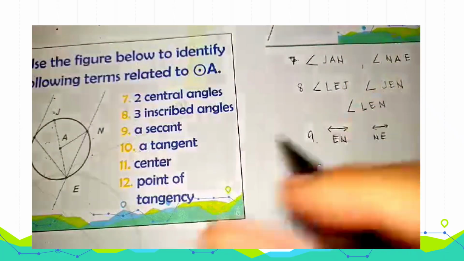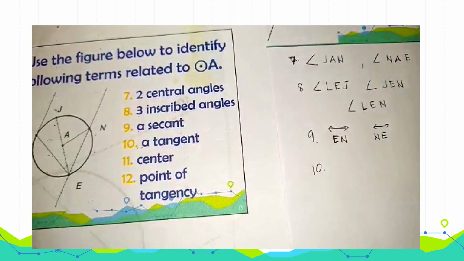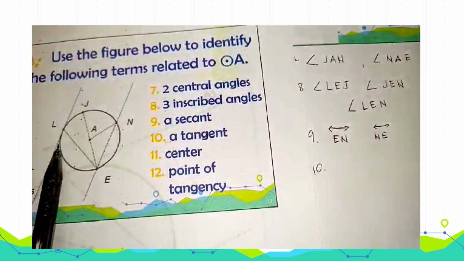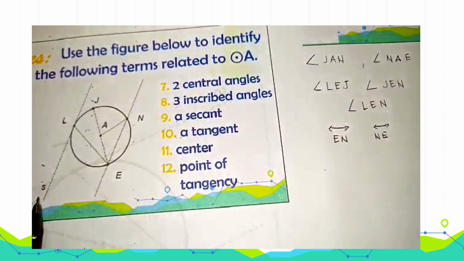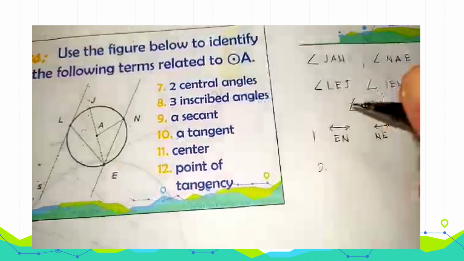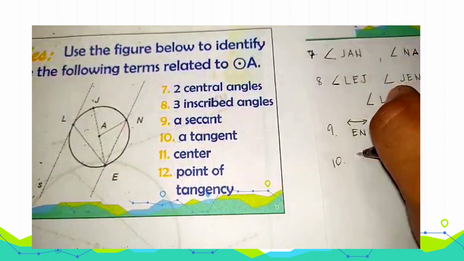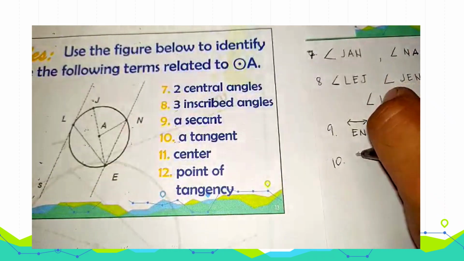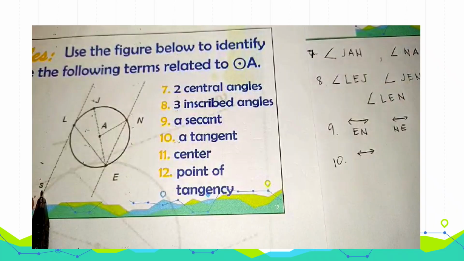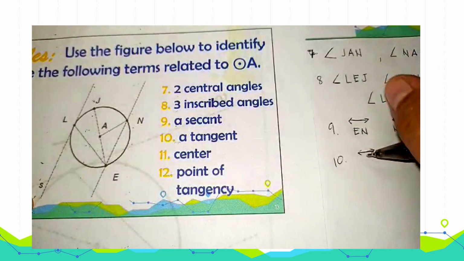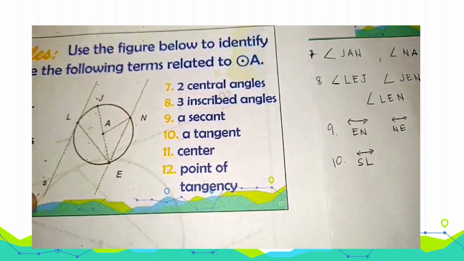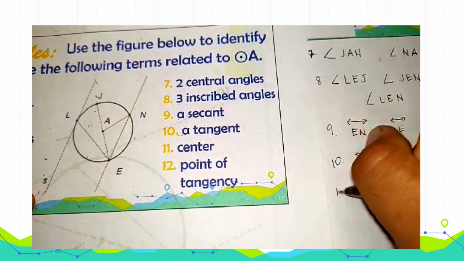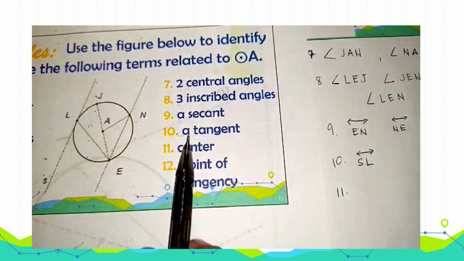Number 10, a tangent. A tangent is a line that touches the circle at exactly just 1 point. So this will be our line here. Again, we will use a symbol to denote a line. Line SL. Next, number 11, center.